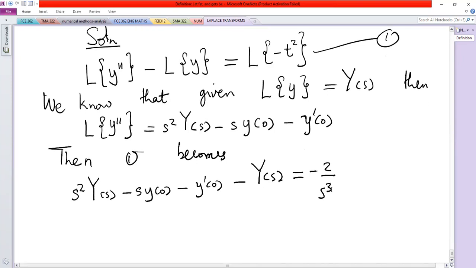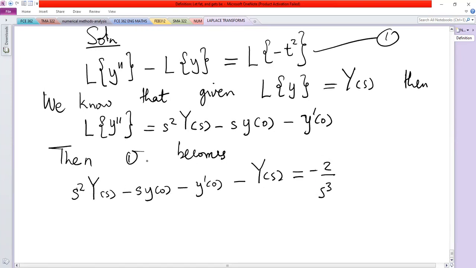Replacing in the values given, remember that y at 0 was given as 2, so we'll have s squared capital Y of s minus 2s minus y prime at 0, which was given as 0, minus capital Y of s equals minus 2 over s power 3.